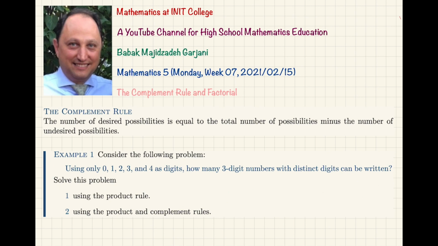Okay, so what is the complement rule? The complement rule is very simple. The number of desired possibilities is equal to the total number of possibilities minus the number of undesired possibilities. It is completely clear, yes?